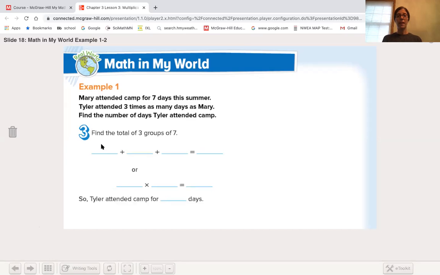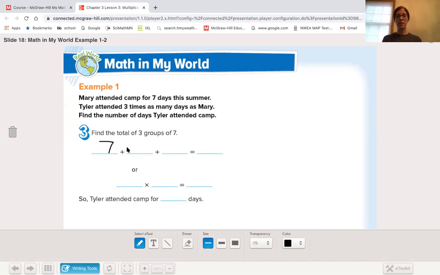So if we're taking that same example, find the total of the 3 groups. So we have 7. We're writing it as a repeated addition now. 7 plus 7 plus 7 equals 21. Or 7 times 3, which is, you guessed it, 21.